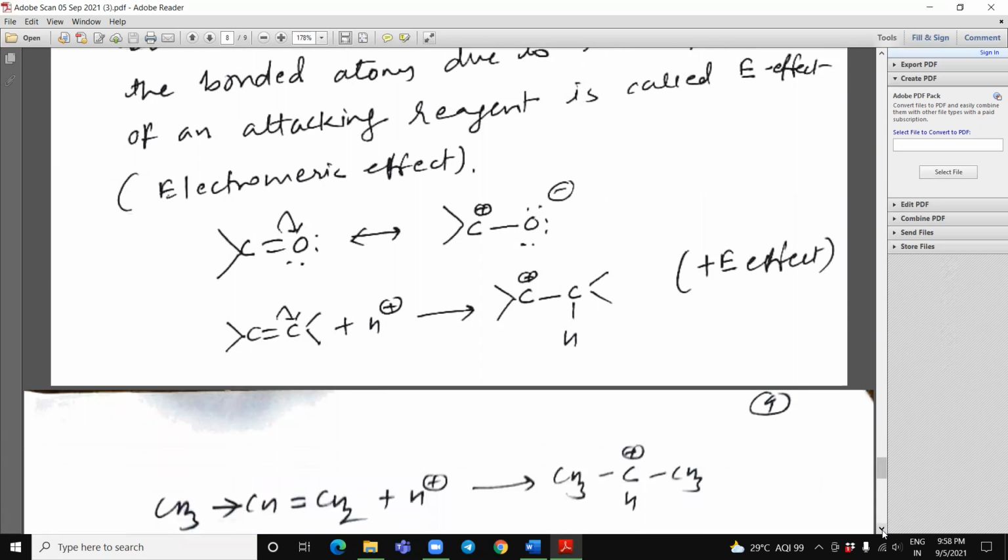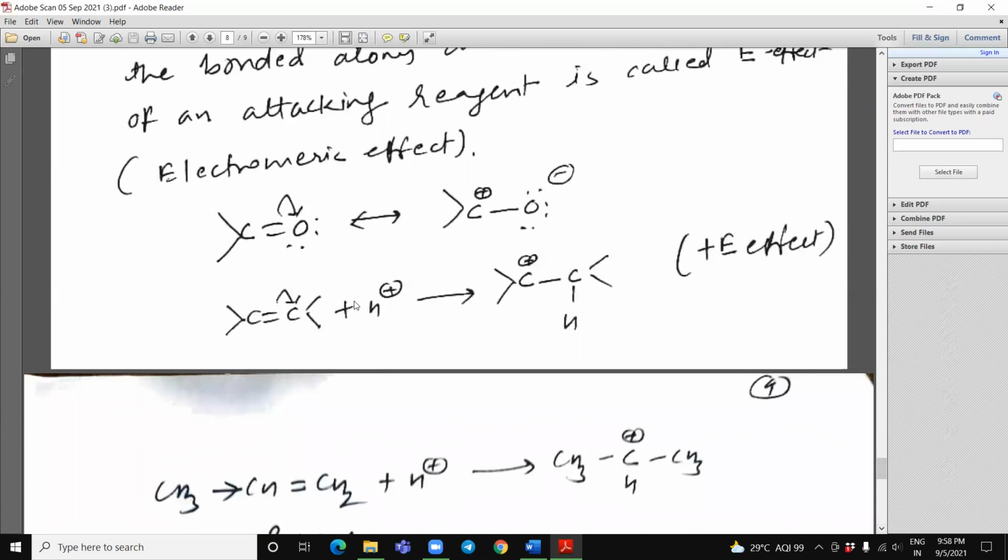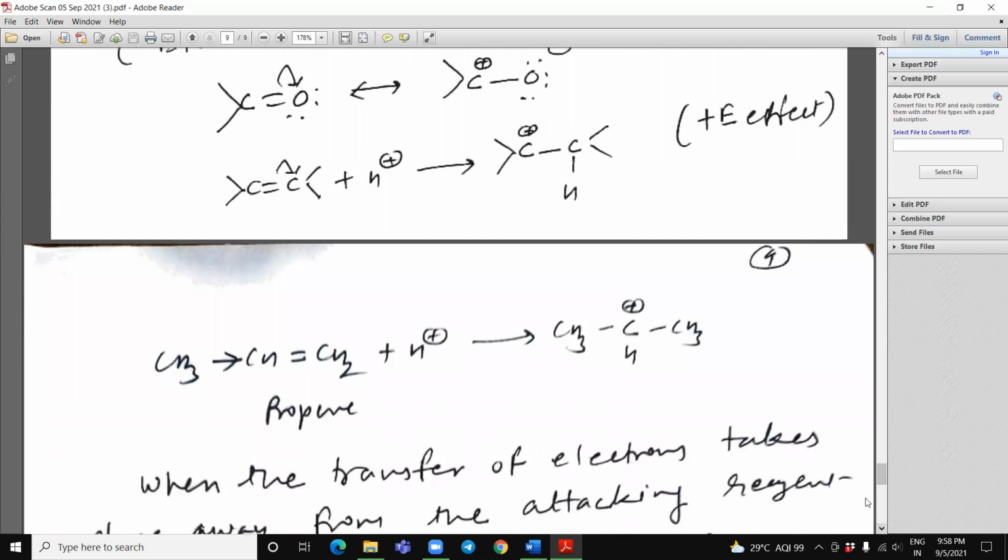See here, this is a carbonyl, and due to the polarity, it will be polarized and it will give plus E effect, electromeric effect.